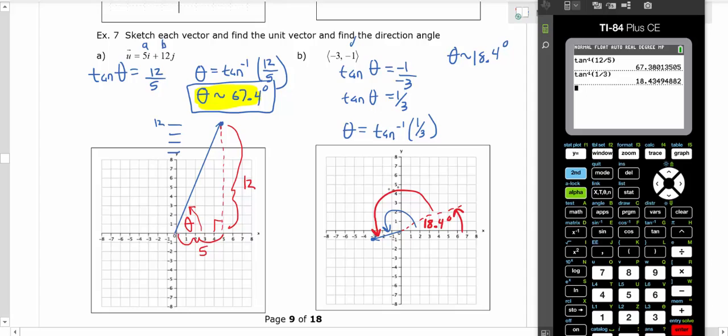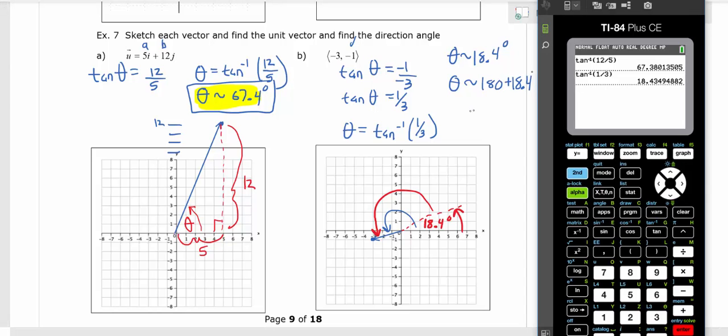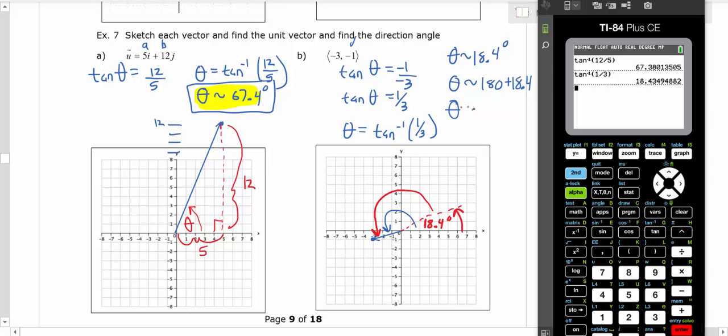Or you can think of these angles as equal, so it would just be 180 plus that angle there. So your direction angle is going to be 180 degrees plus 18.4 degrees, which is 198.4 degrees.